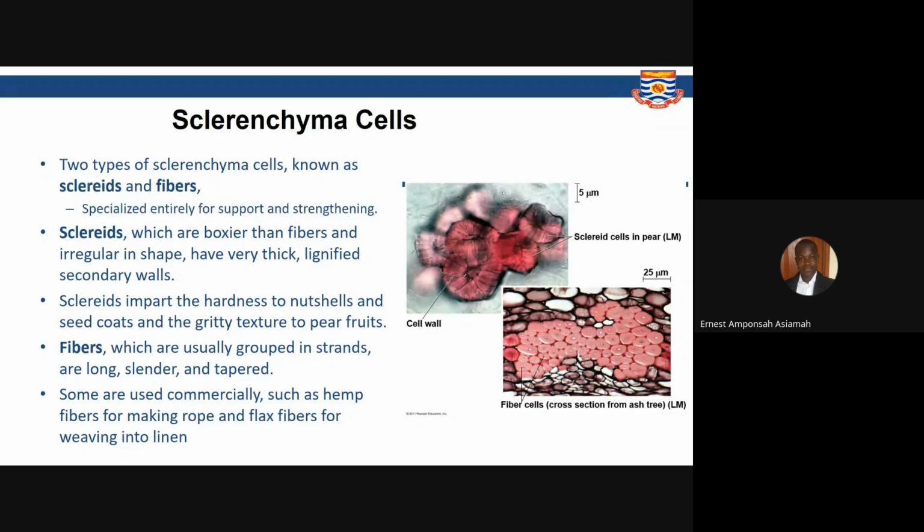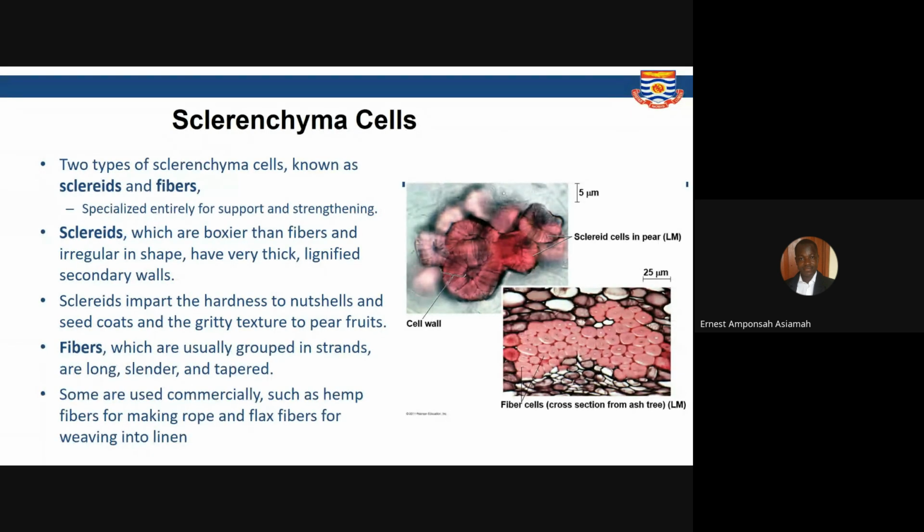For example, the plantain stem has a lot of fibers, and in some industries, they extract the fibers and use them for preparing woolen carpets and linen.